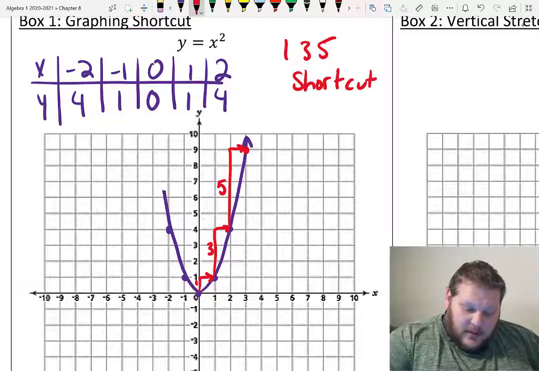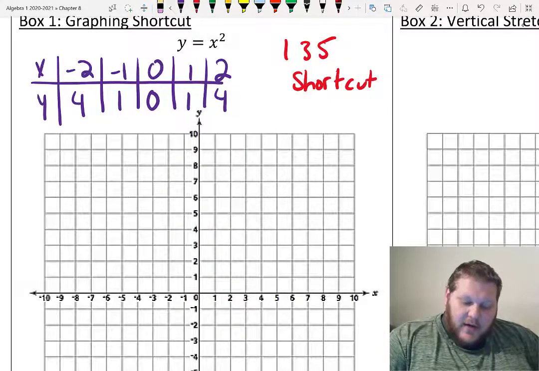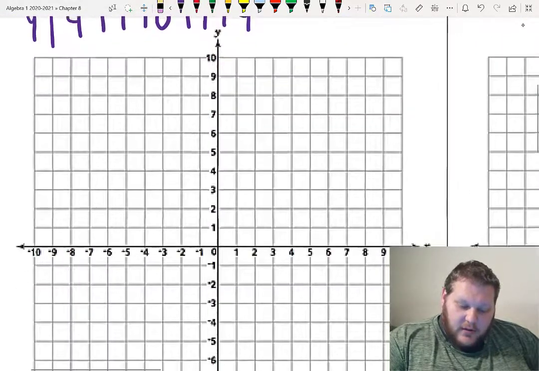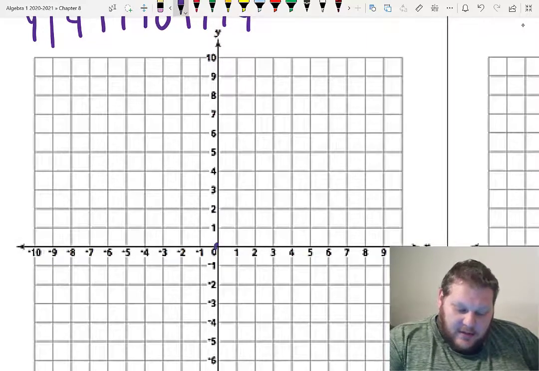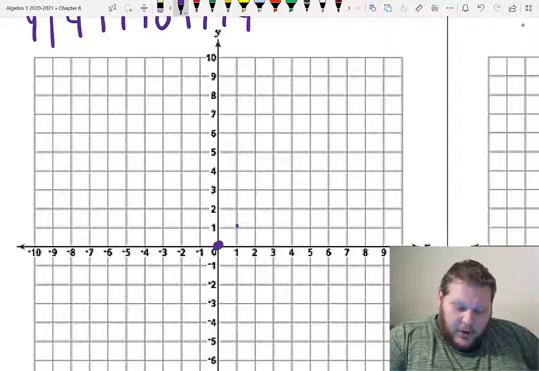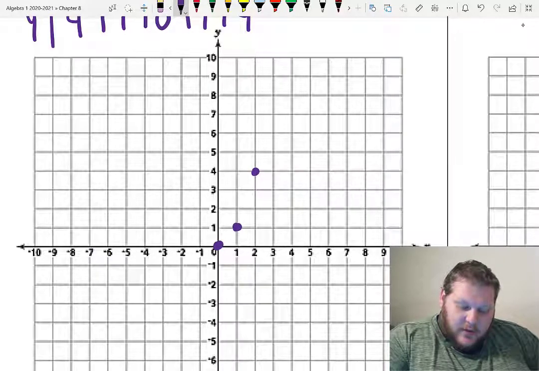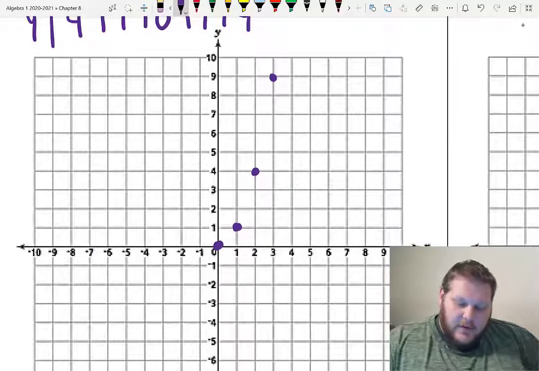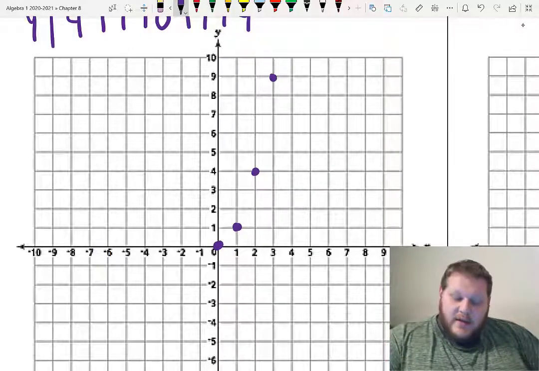So if I wanted to, again, without having graphed it already, my regular graph started at 0, 0. That's my parent graph's vertex. So I can go up 1 over 1, up 3 over 1, up 5 over 1. So I've got those 3 points on the right.